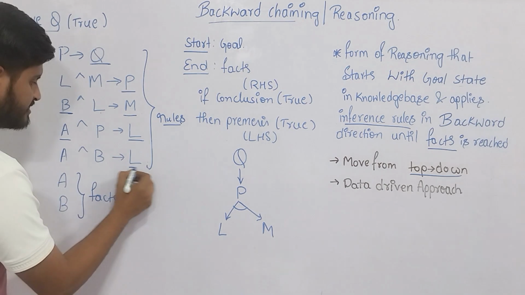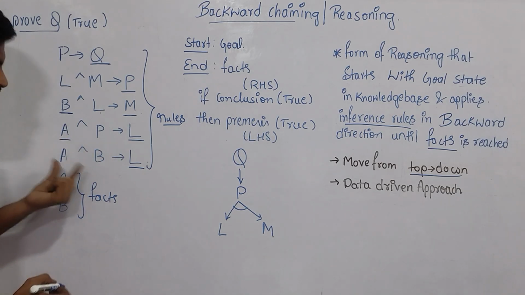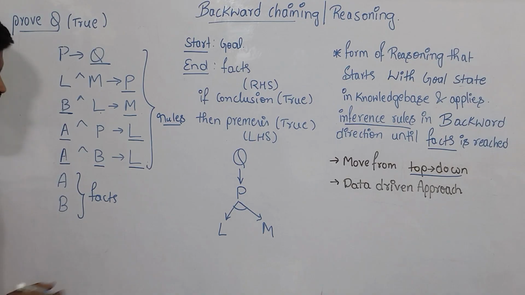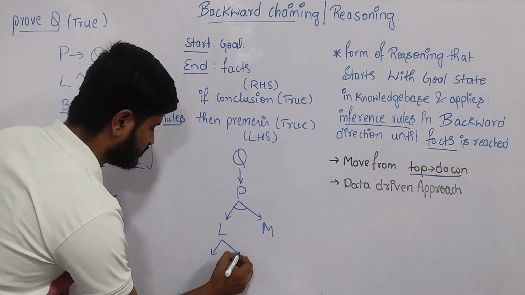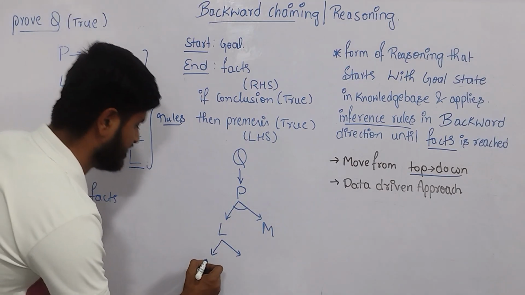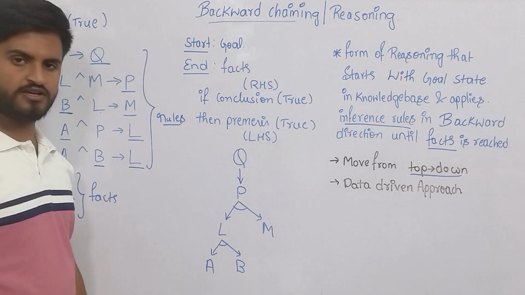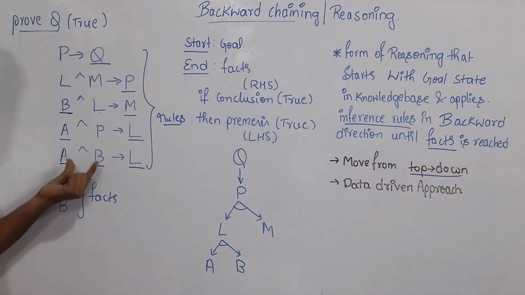Next, if you see here, L is produced by the combination of A and B. A and B both are my individual statements, or the facts. So I will be choosing this one. So L will be produced by A and B. A and B are the producers of L. Since L is true, A and B will be true.